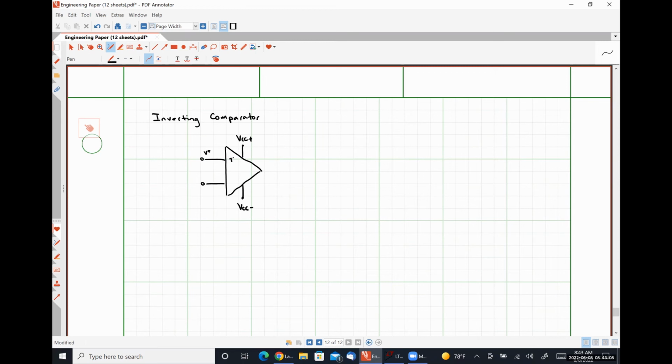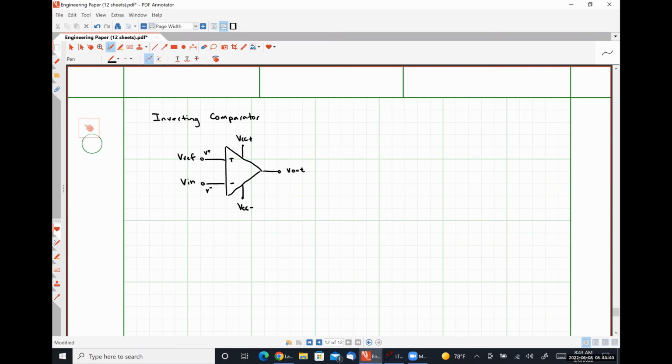Here's our non-inverting input voltage. Here's our inverting input voltage. Here's our output pin. And for an inverting comparator, we apply our input voltage Vin to the inverting terminal, and we apply our reference voltage Vref to the non-inverting terminal.